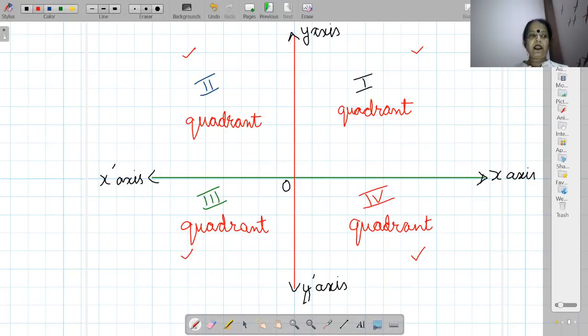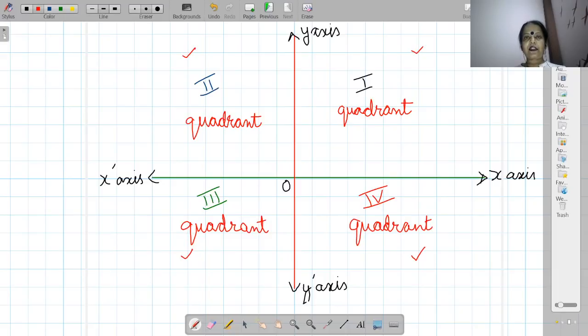So basically in the Cartesian plane there are four quadrants, and you have to remember that the quadrants go anti-clockwise, not clockwise.